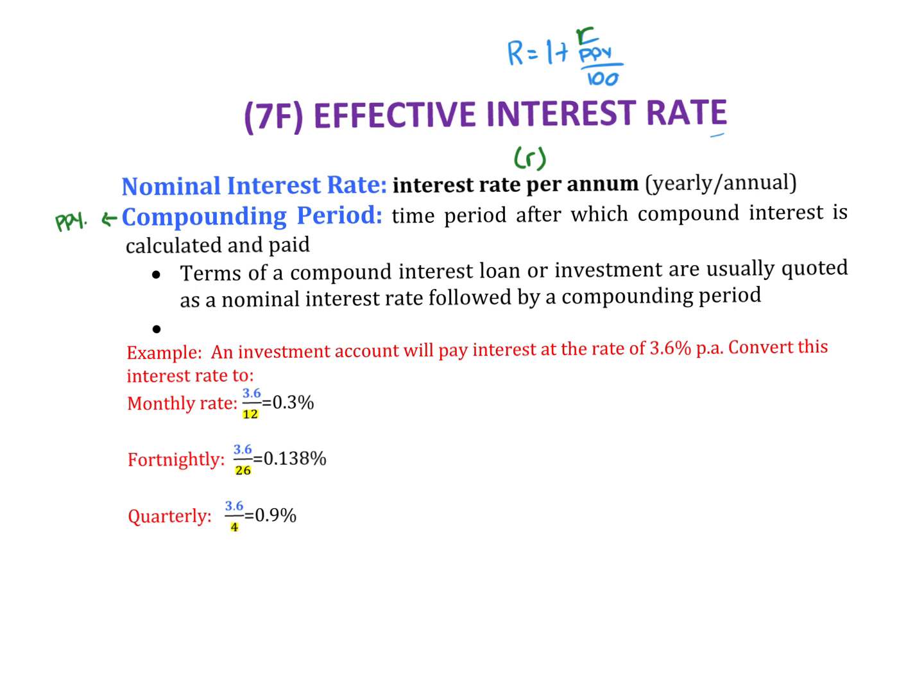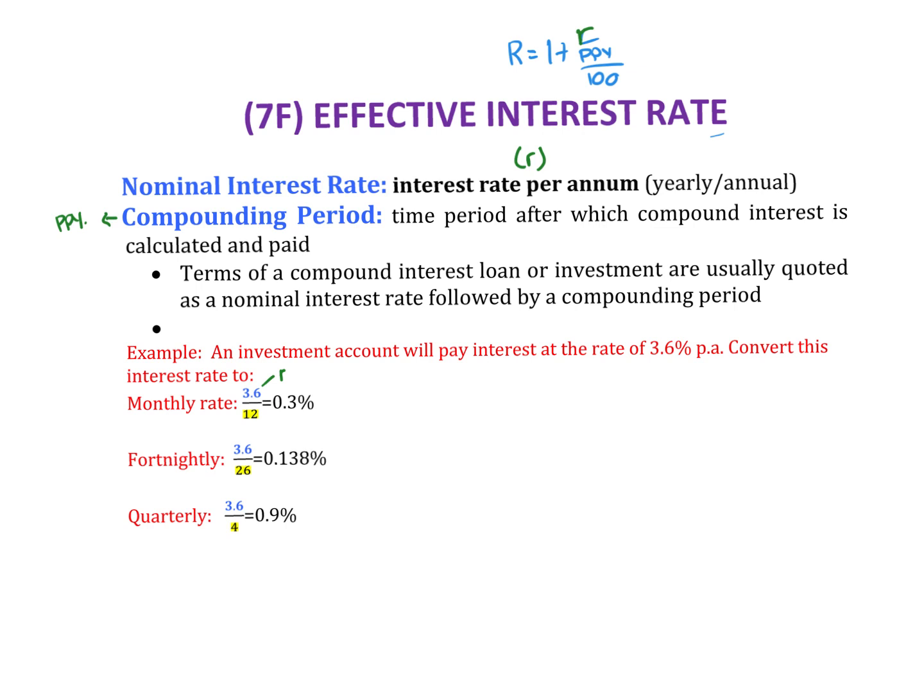All right, so first of all, let's have a look at when we look at interest rates and whether we are compounding it monthly, fortnightly and quarterly. If we're compounding monthly, what we do is we take the nominal rate and we divide it by 12 because it's monthly.